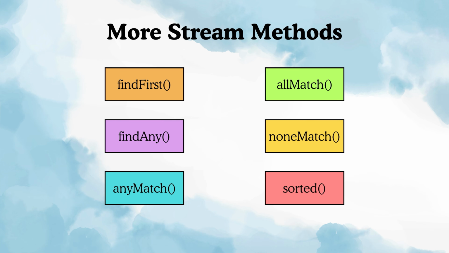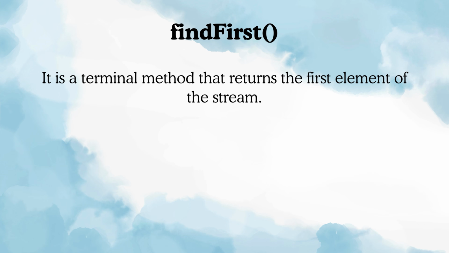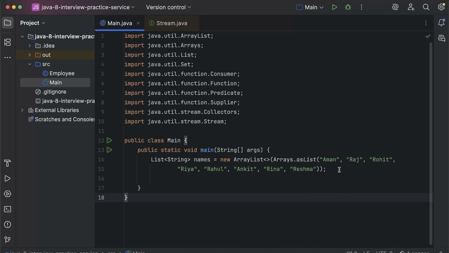Alright, now these are a few other commonly used stream methods. Let's go through them one by one and understand how each of them works. findFirst is a terminal method that returns the first element of the stream. So I have taken this list of different names.